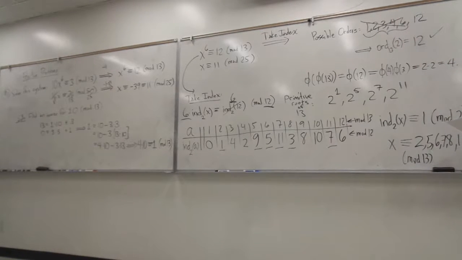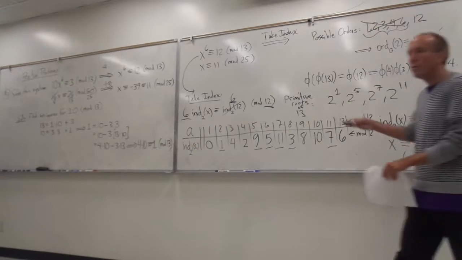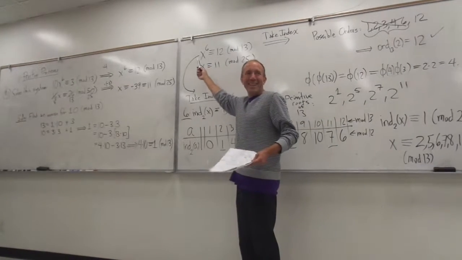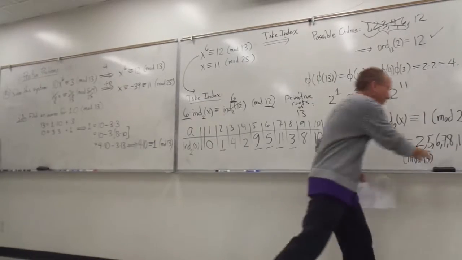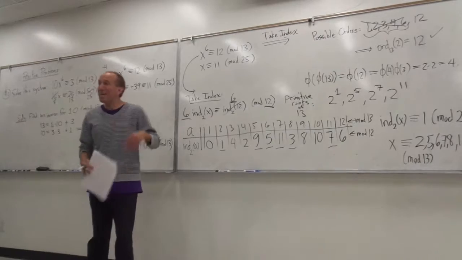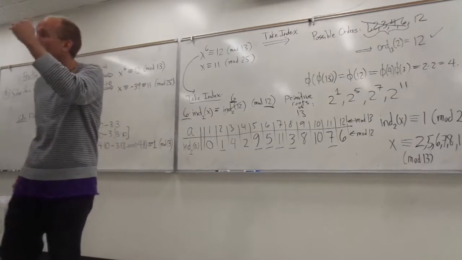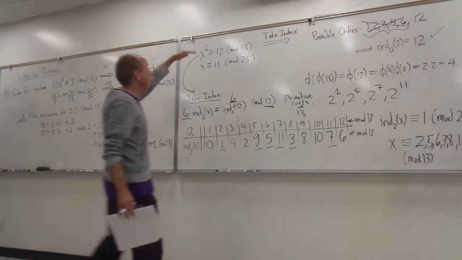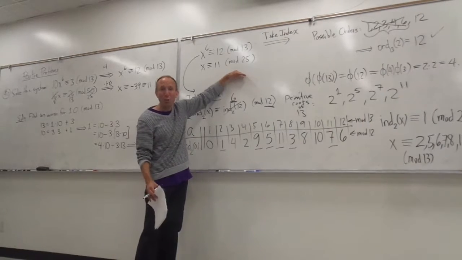Okay? So all of those, this is very bad news, because we just found 6 different x's that solve the first congruence up here. So I hope you guys like the Chinese remainder theorem, because we basically have to take each of those 6 choices and pair them up with what we already have on the second equation.